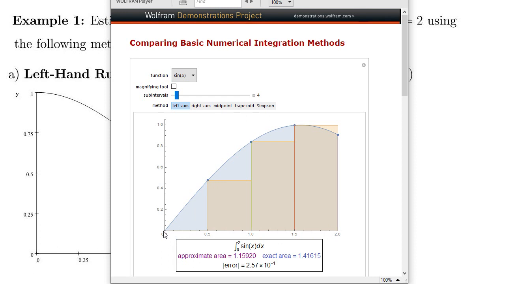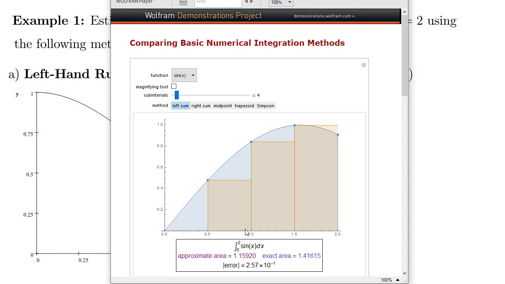I use the left-hand side of that base to get the height. So no rectangle there. However, in this second rectangle, I use the 0.5, go up to the function to get the height. And we can see the height of that rectangle looks like it might be 0.4647, something like that.